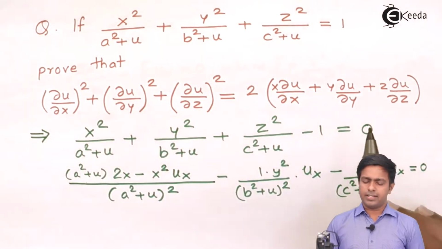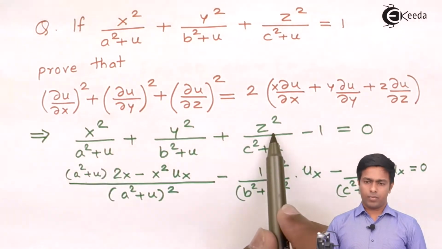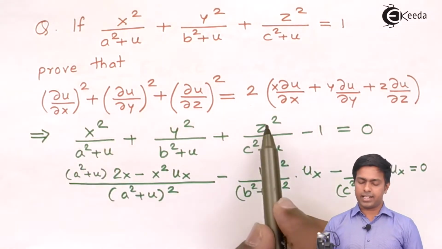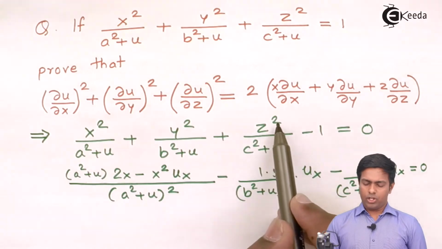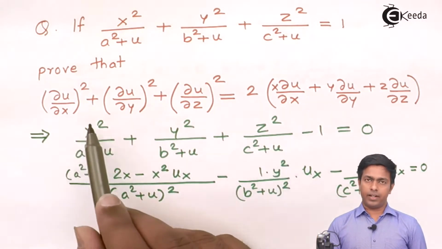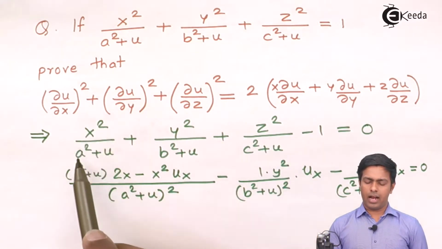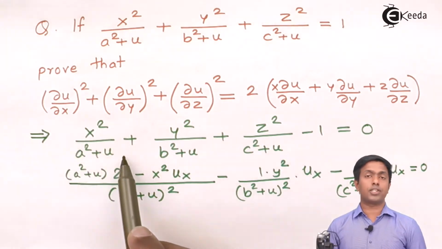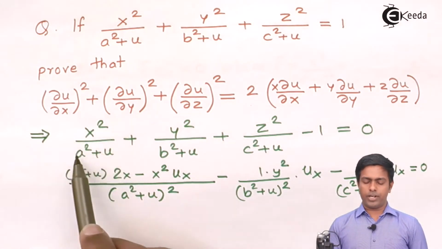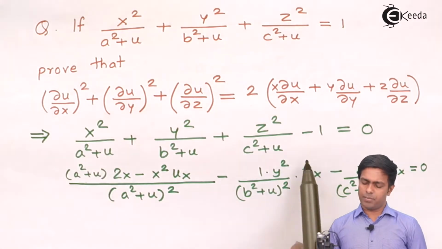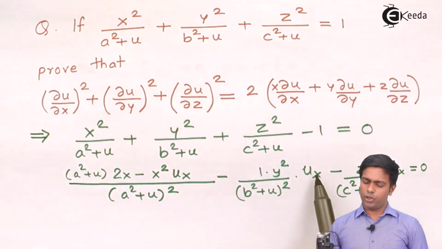So the same thing is, the first term and third term have x square and z square in the numerator. So here we'll get the differentiation as x square, and the derivative of this 1 upon a square plus u will be negative 1 upon a square plus u the whole square, which will be similar to this, and here you will get uy.